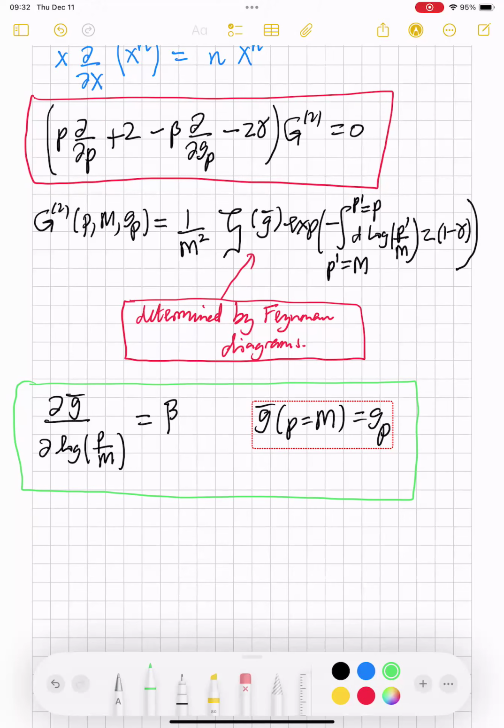So this exponential factor cancels out those two terms once you act with p d/dp on it. And after you act with p d/dp on g bar, that'll cancel out the minus beta d/dg term. Okay, so this is the solution to the Callan-Symanzik equation. So we'll continue in a minute.